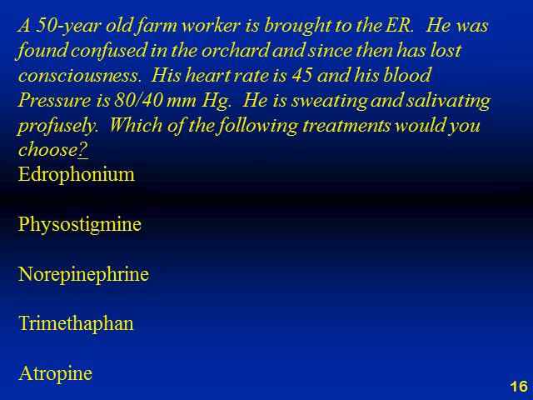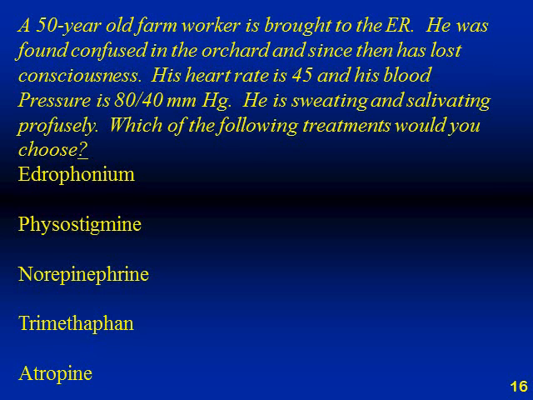Okay, so what are the key things in the question? Because you might see questions like this on the final exam. What are things you need to think about here? Well, the patient was found confused. So potentially we've got some kind of central effect here. And then he lost consciousness. His heart rate at 45, is that high or low? That's considered low.